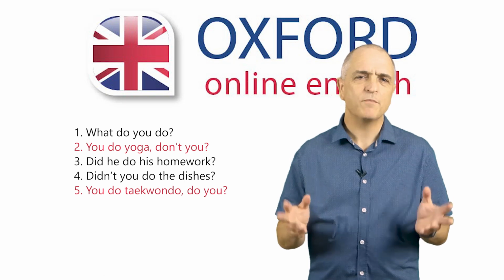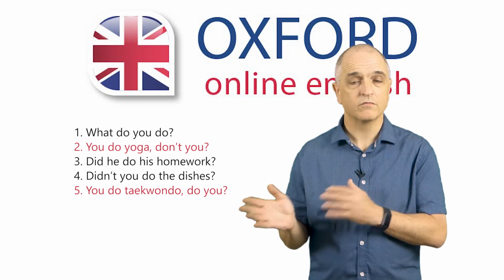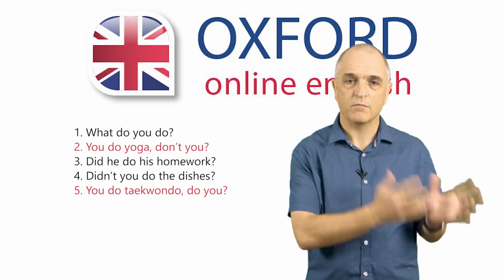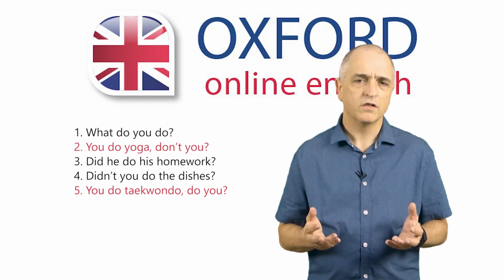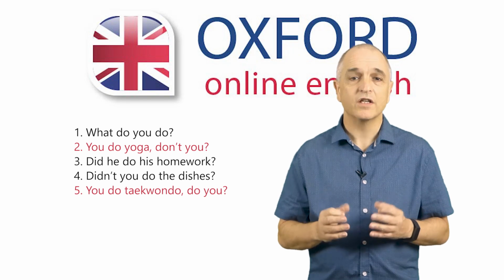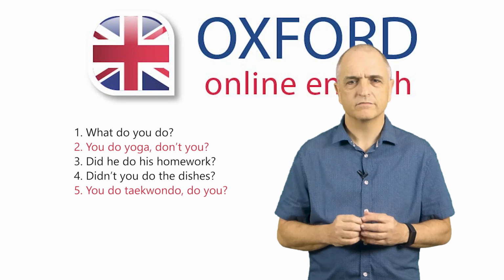That means if the main verb is positive, the tag should be negative. And if the main verb is negative, the tag should be positive. So, you do yoga, don't you? Means that I think you do yoga, and I'm asking to confirm my idea.